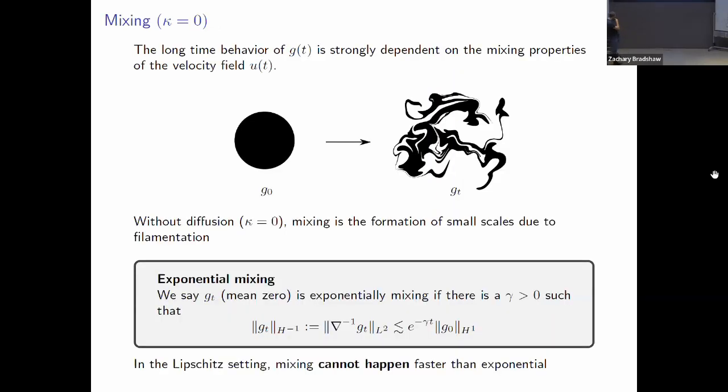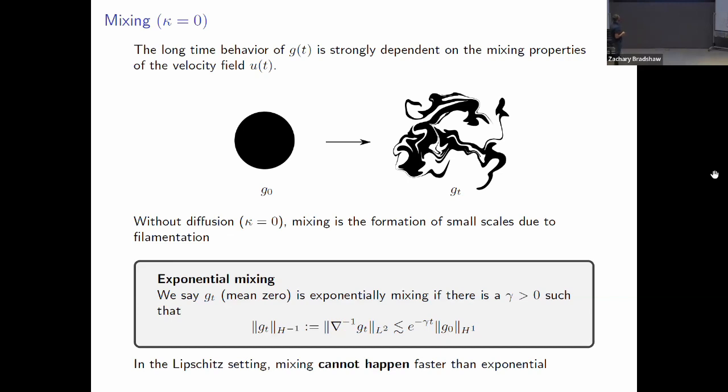Okay, I'll keep this somewhat short because we've now talked quite a lot about this. The long time behavior, if I don't put any diffusion on the scalars, of course strongly depends on the mixing properties of the velocity field. For instance, any scale one blob immediately starts to generate high frequencies because it gets filamented.